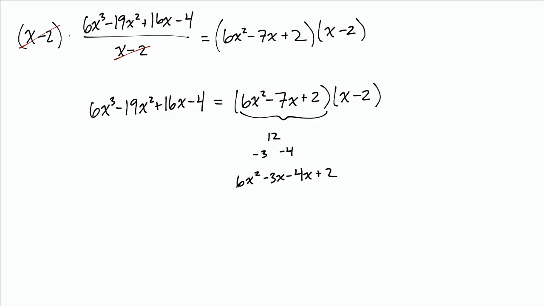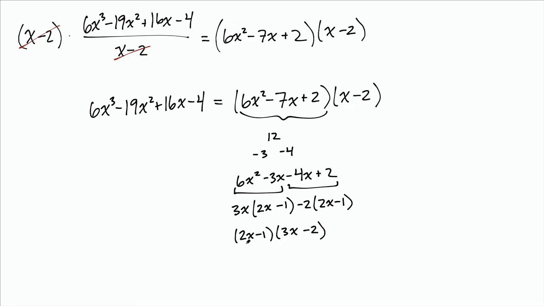And now we can factor by grouping. I can pull a 3x out of the first group, and I'm left with 2x minus 1. And I can factor a negative 2 out of the second group, and that leaves me with a 2x minus 1. So now the 2x minus 1 comes out, and I'm left with a 3x minus 2.